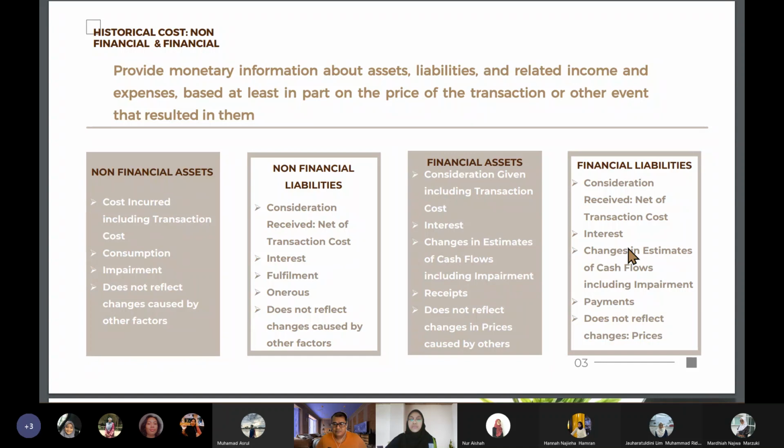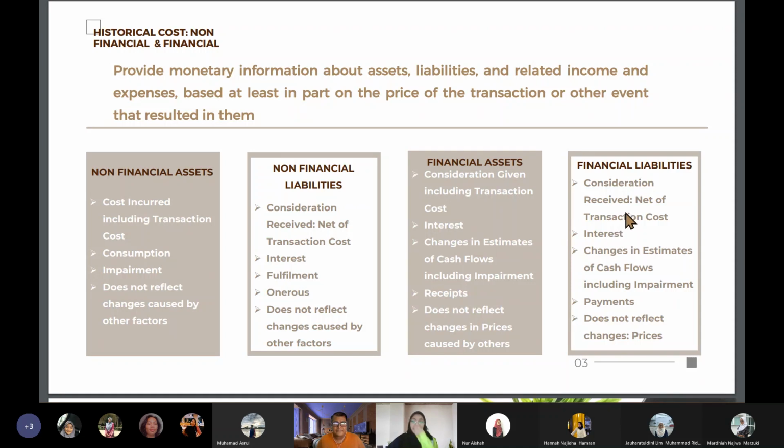Onerous is time-consuming. Then it also does not reflect changes caused by other factors. Then we have the financial assets, where the consideration given, including transaction costs, interest, changes in estimates of cash flows, including impairment, receipts, and it also does not reflect changes in prices caused by others.